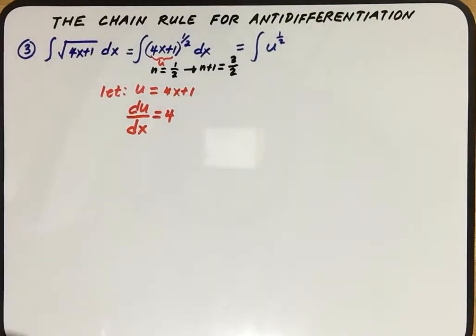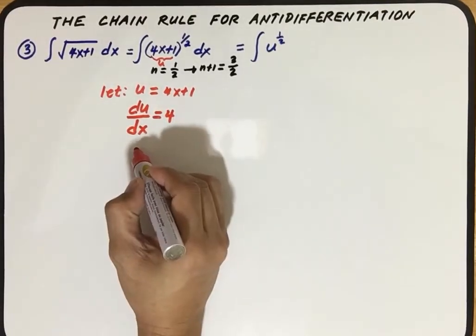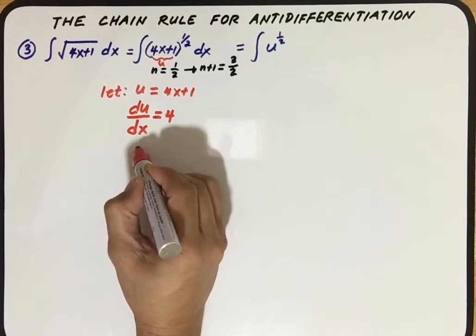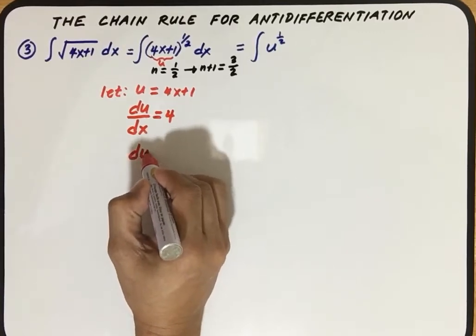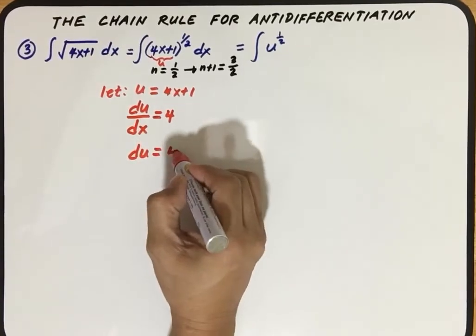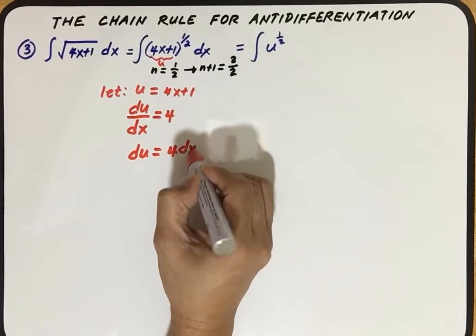Now, solving for du, we multiply both sides by dx, or simply cross multiply dx. So we now have du equal to 4 times dx.